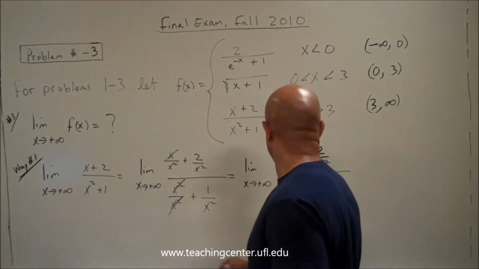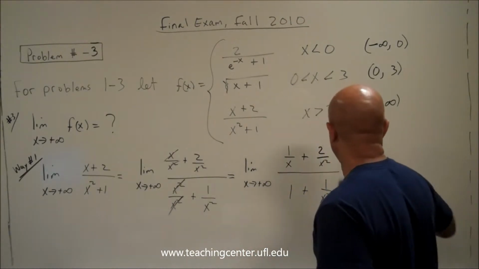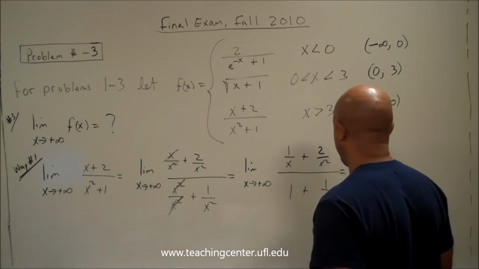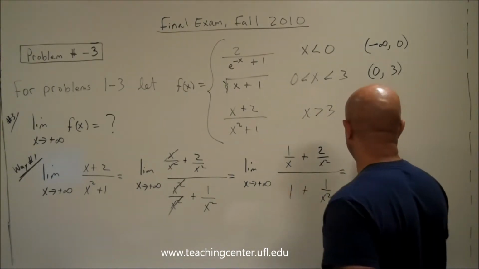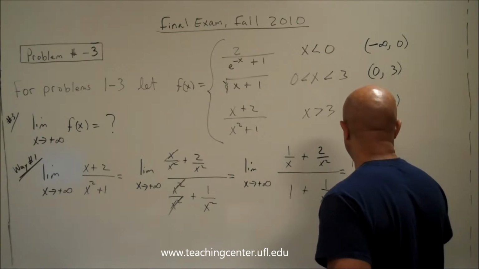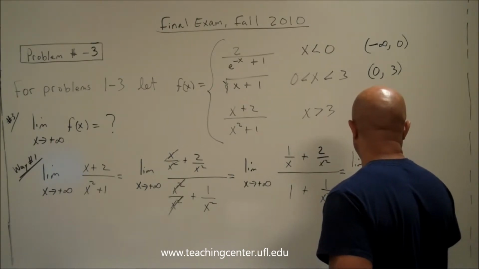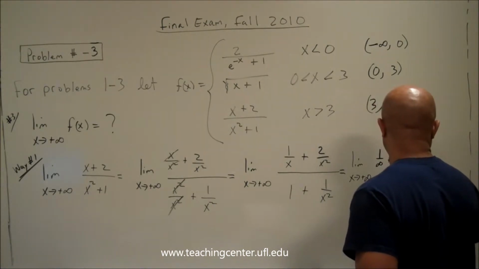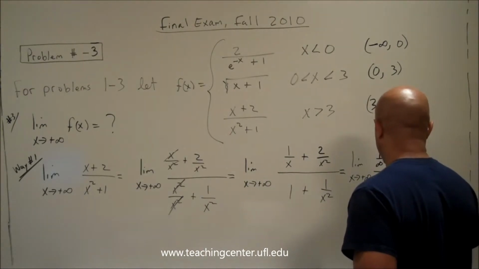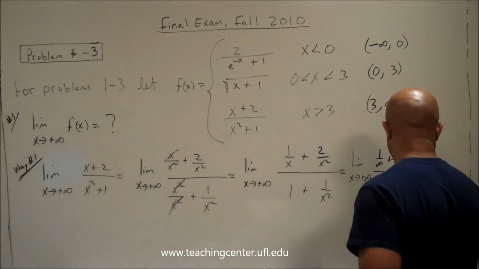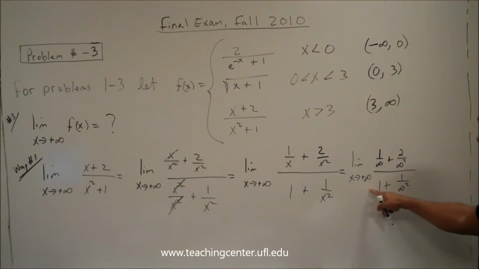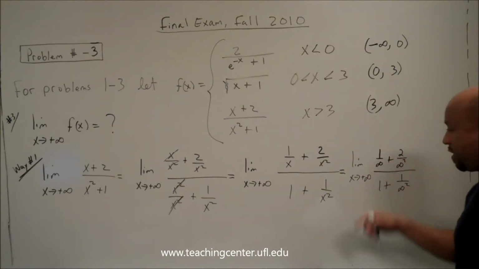Okay, so we can evaluate this limit now by direct substitution. The limit as x approaches positive infinity of 1 over infinity plus 2 over infinity squared, over 1 plus 1 over infinity squared. That's just directly substituting positive infinity in for x.